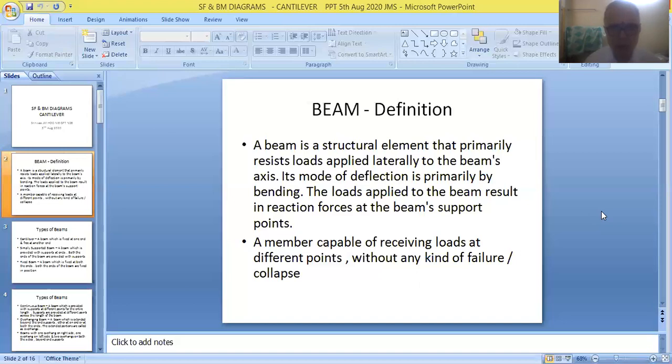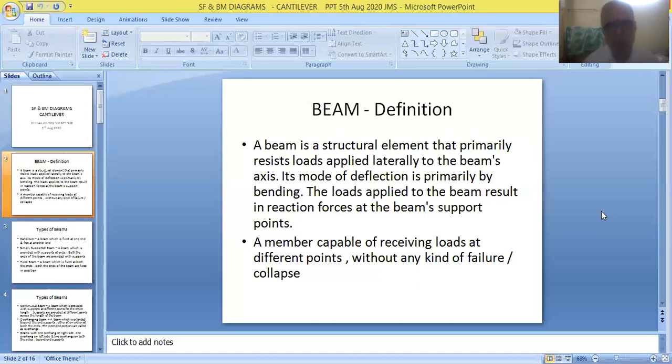And at the same time, it should not result in any kind of failure. Unless it is capable of receiving and withstanding loads at different points, it will not be in a position to avoid the failure.